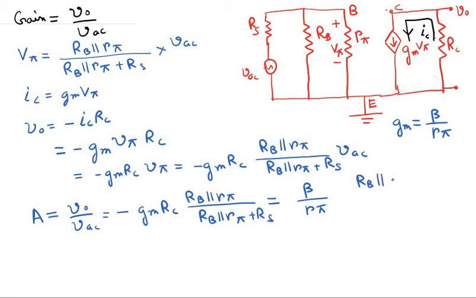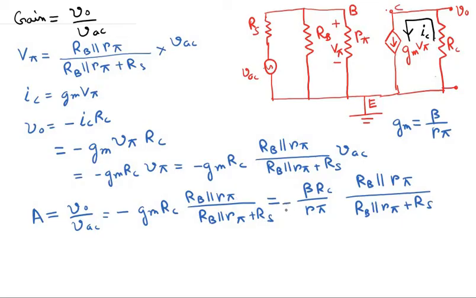RB parallel to R pi divided by RB parallel to R pi plus RS, and we have an RC over here also, this RC. Okay, so this is the expression for the gain of the transistor.